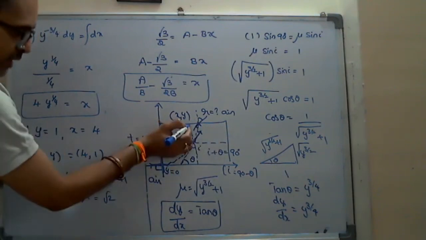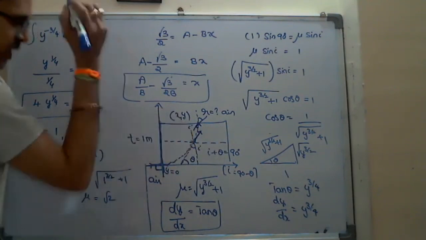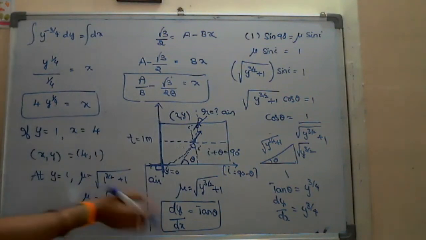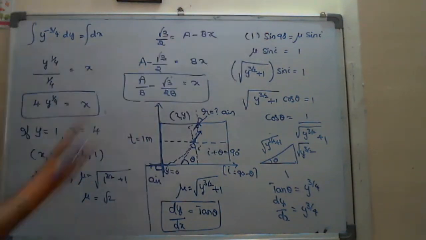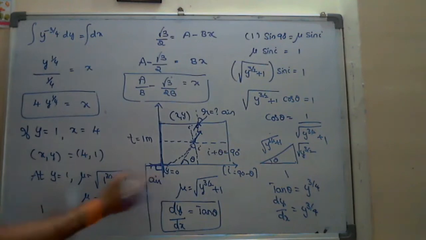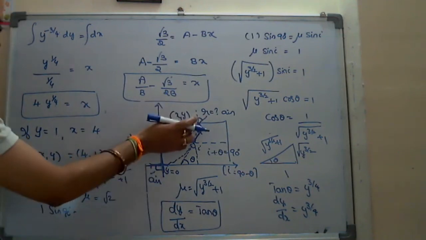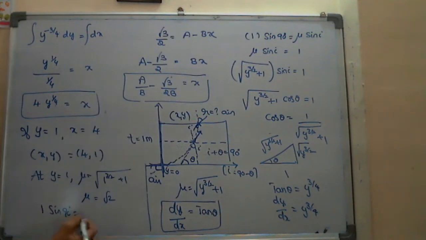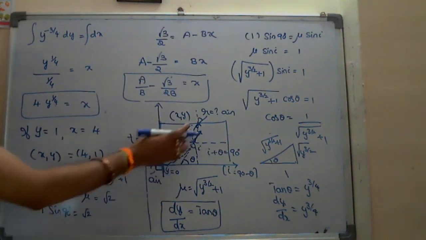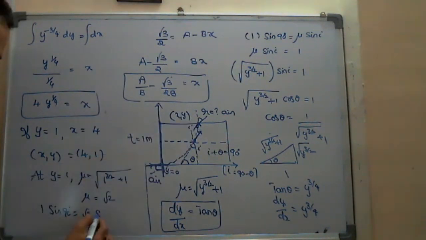According to this formula, I write 1 into sine 90 below this surface. Here also below that surface, mu into sine i, mu is root 2 into sine i. Means i is equal to 45 degrees.